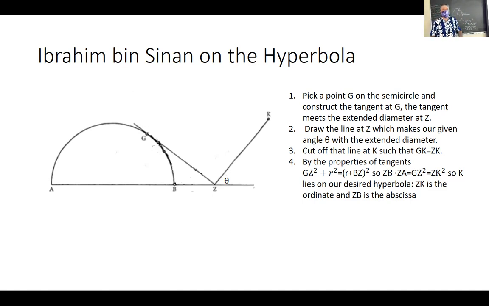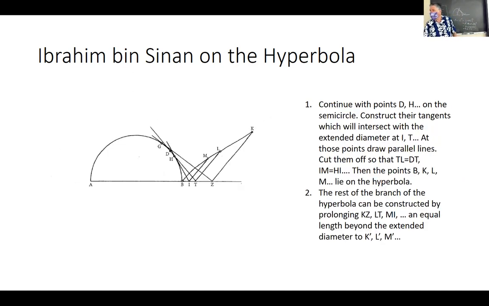Okay, so that's how we generate one point on the hyperbola. And then we do the same thing with different points on the circle. We take their tangents. They're going to intercept the extended diameter at T and other points.